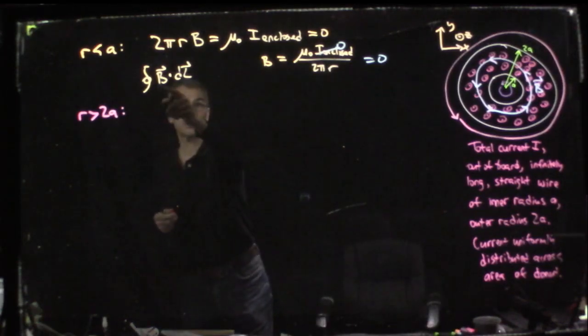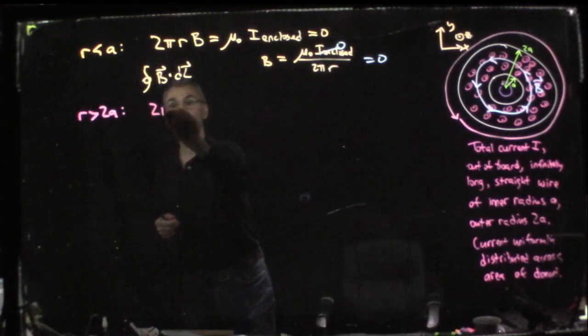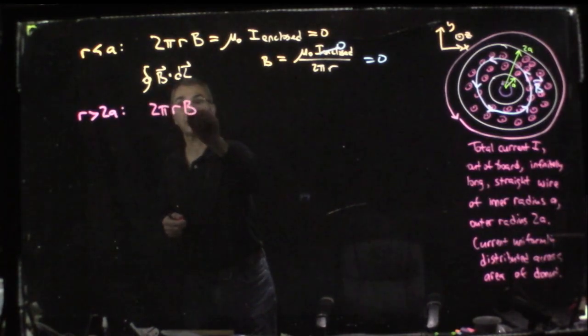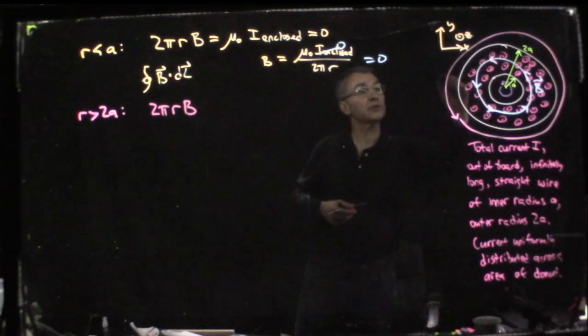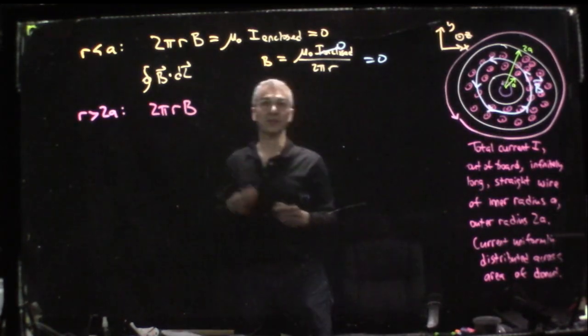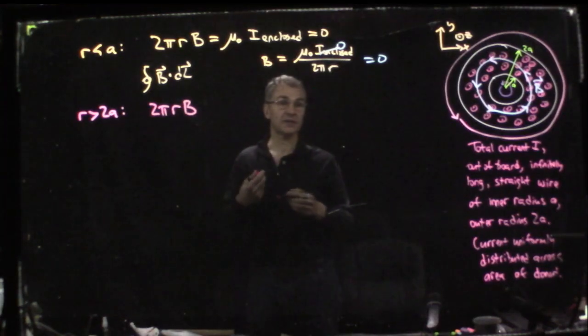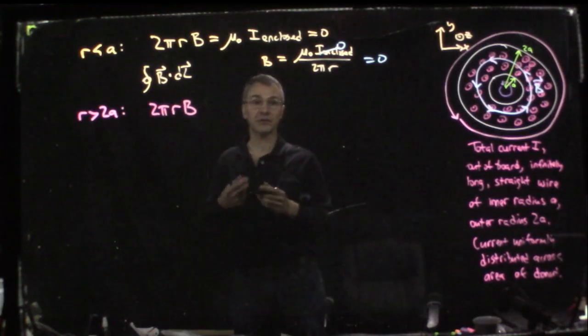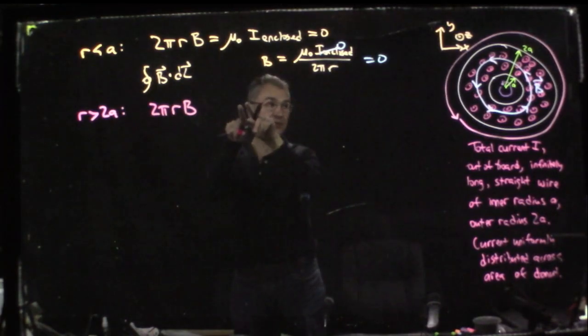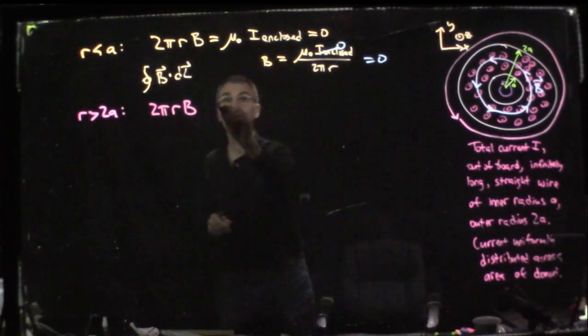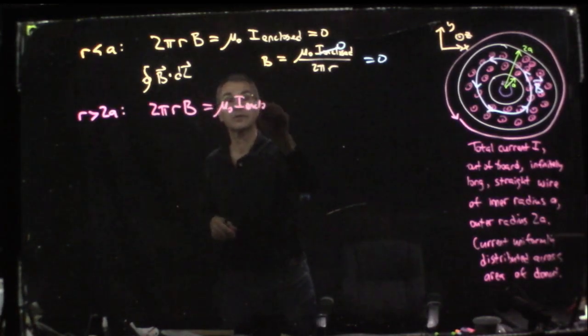So then this integral of B dot dl again just takes the form 2 pi r times B, because our little path dl is everywhere parallel to the hypothetical magnetic field lines B. That dot product is just multiplying the two magnitudes, and the cosine theta factor between the B field and the dl is just 1. So this is mu naught I enclosed.